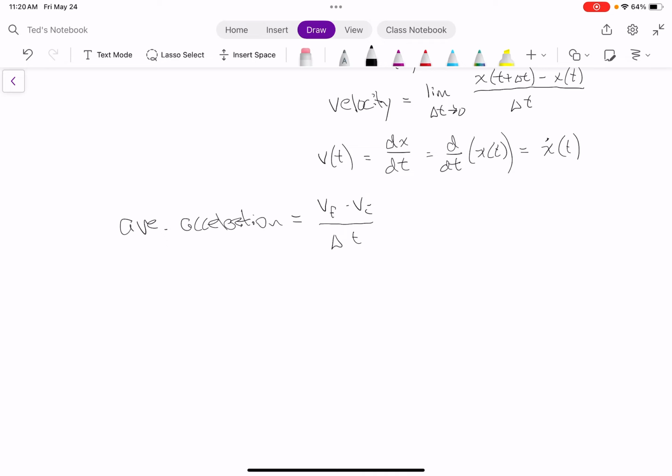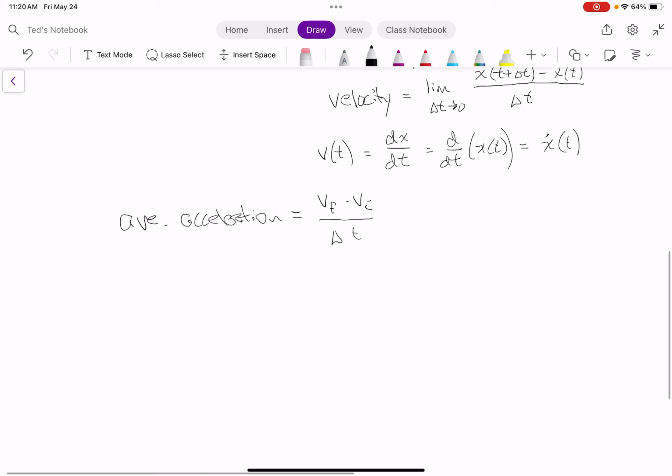And we can define something called the instantaneous acceleration. That is the acceleration right now. And just like we did for velocity, this is going to be a limit. So the acceleration of an object is going to equal the limit as delta t goes to 0 of the velocity at t plus delta t minus the velocity at t.